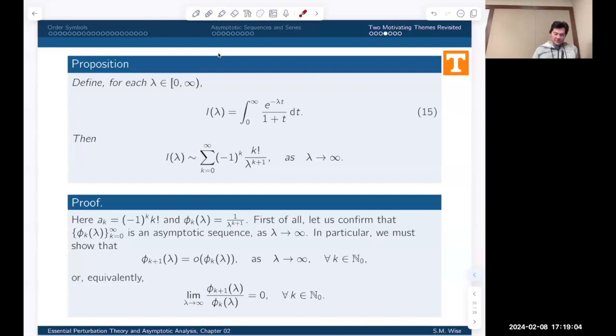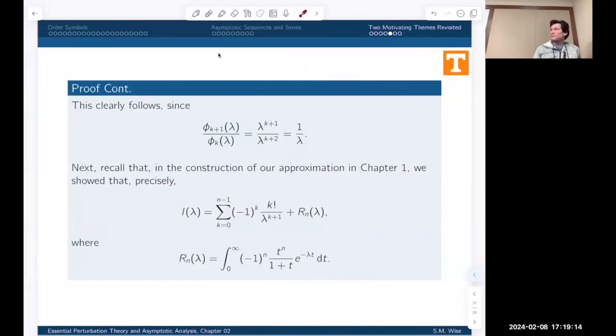Basically, you're just showing that phi_{k+1} divided by phi_k converges to 0 as lambda goes to infinity. That's a fairly simple computation because it just involves the quotient of lambda to the k plus 1 over lambda to the k plus 2, which is 1 over lambda. And that clearly goes to 0 as lambda goes to infinity.